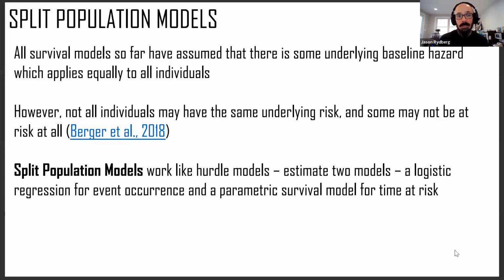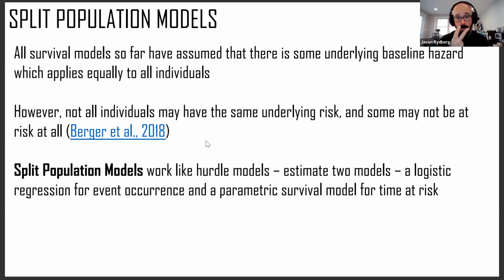We're following individuals looking to see if they develop lung cancer, and you have people who smoke and people who don't. The people who don't smoke are going to be pretty low on that, so do we really assume that there's some general hazard affecting them as well? What a split population model tries to do, and I encourage you to look at this link because they describe the methods pretty nicely, is work like a hurdle model.